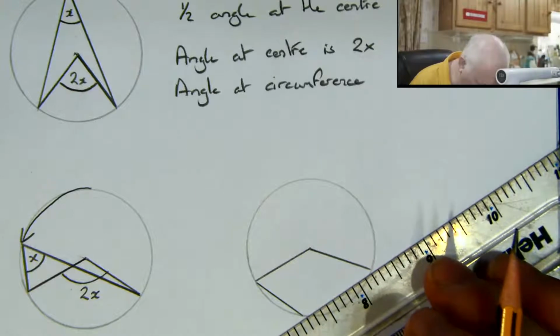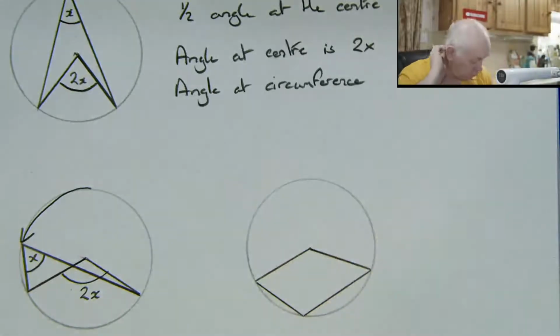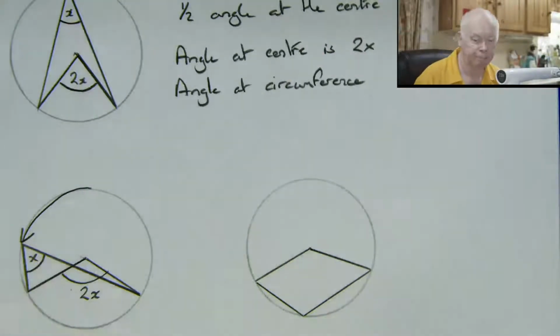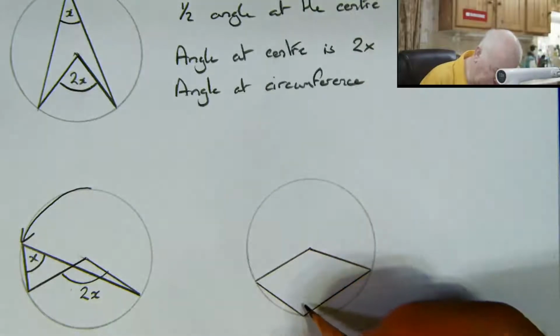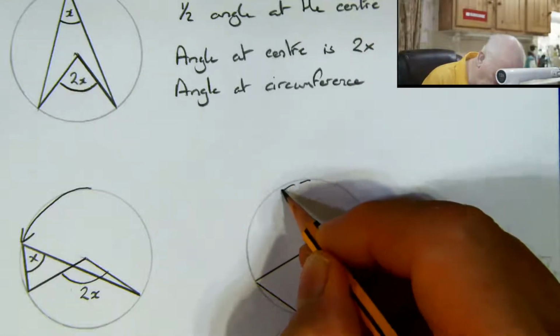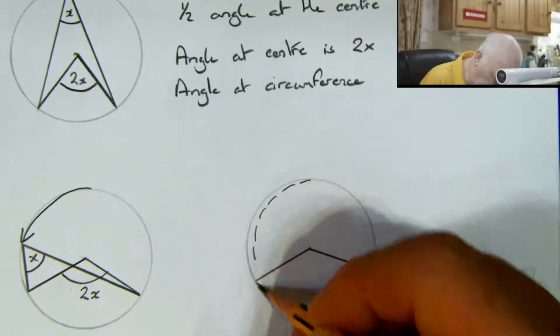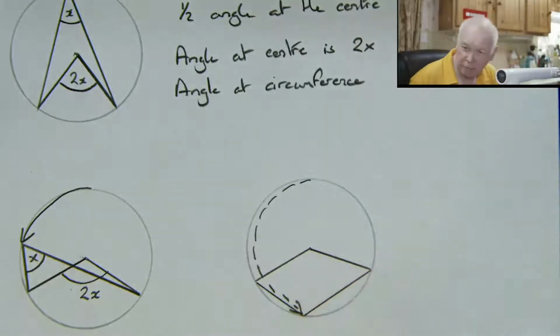And I deliberately haven't made them equal. I could have, but I didn't want to mislead you. Because it's the same thing. This line here has moved now all the way round to here.